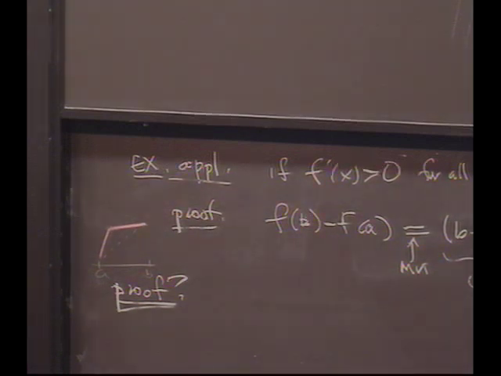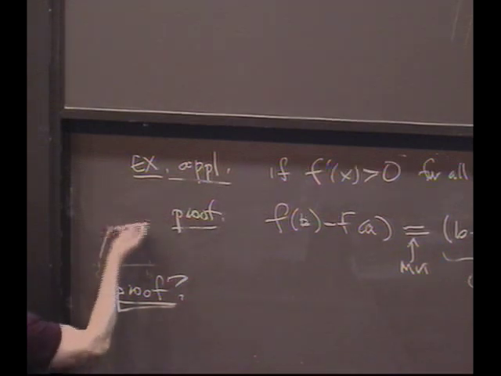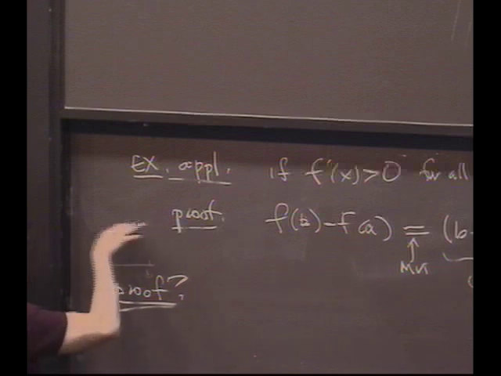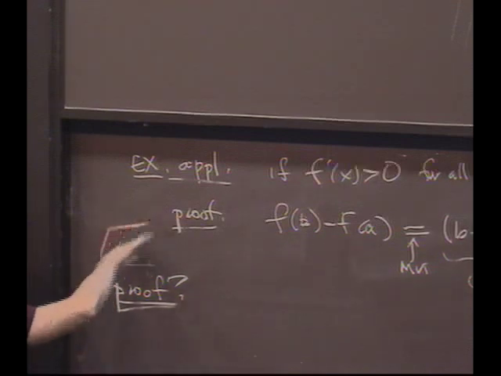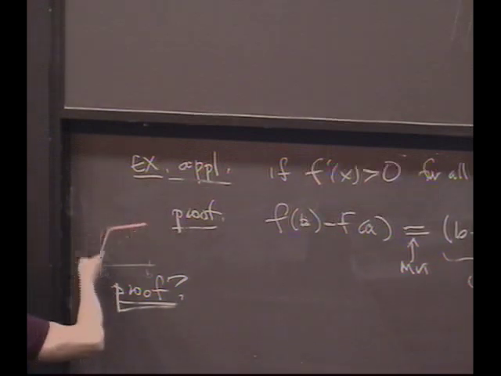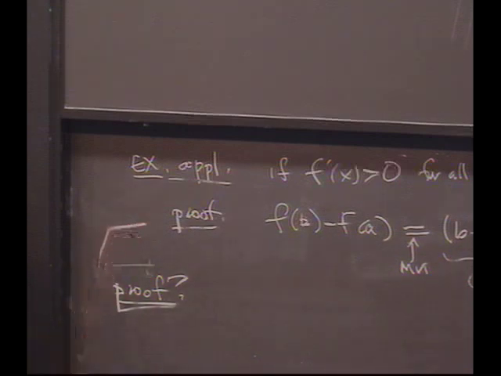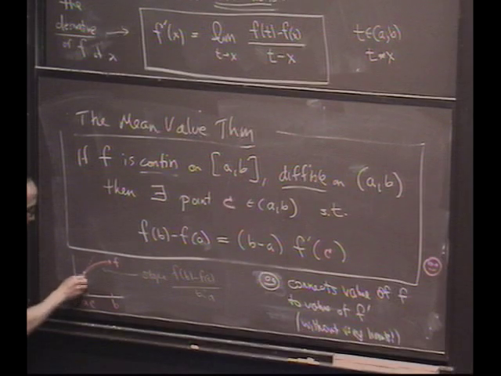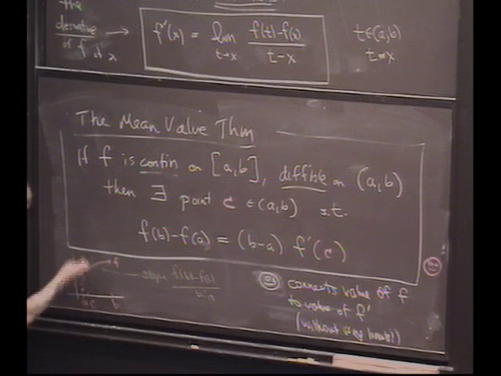Well, look, on one side, the secant line slopes are less than this slope. On the other side, they're bigger than this slope. If you took these secants from this point, on this side they're smaller and on this side they're bigger, but what happened in the middle? Well, they got equal, right?